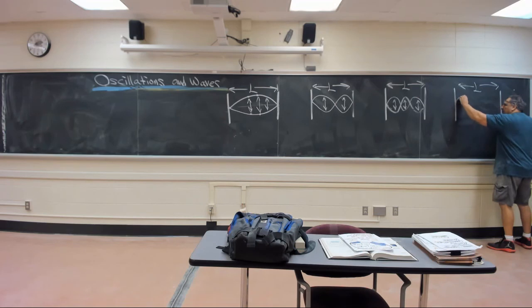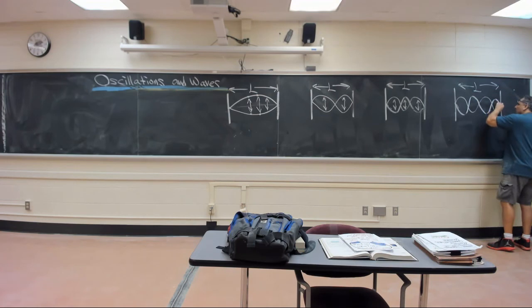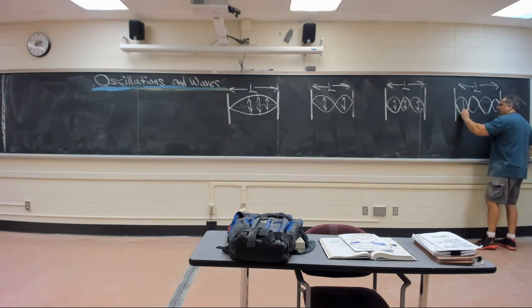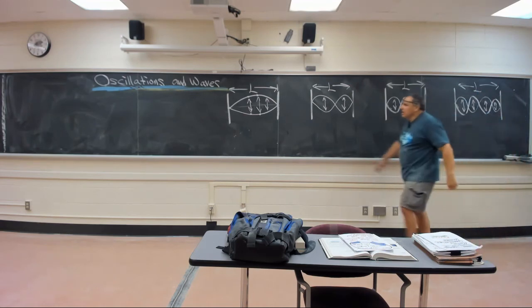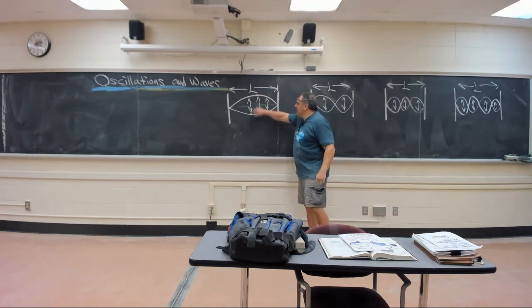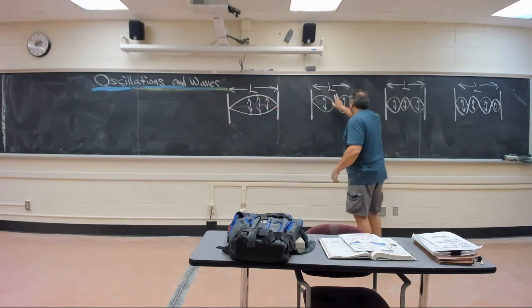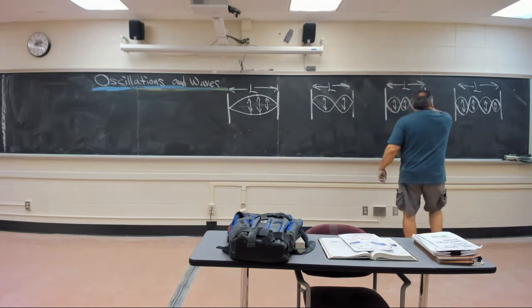Four of them, huh? 1, 2, 3, 4. Okay, you got this. It's four of them, up and down. You get the picture here. What do we got? We got one hill, two hills, three hills, four hills.